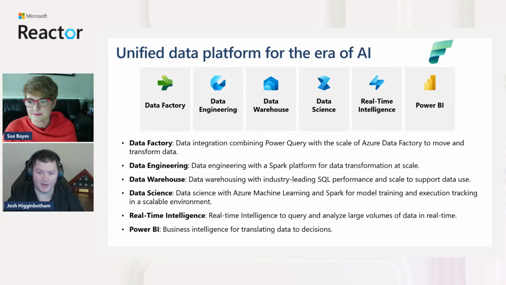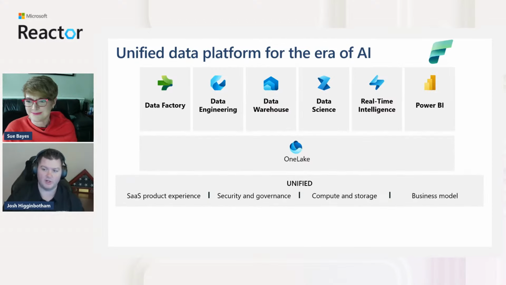And then we have Power BI, which we all know and love. All of this is built on OneLake, which is your unified data storage for Fabric, which makes this a lot easier to interact with. Fabric is a SaaS-based platform, so if you haven't worked in Fabric recently, you'll find that most of this is a button click and you can generate these artifacts or items.